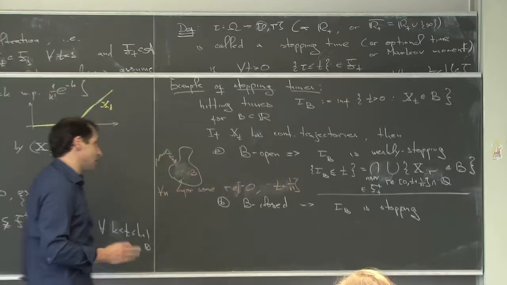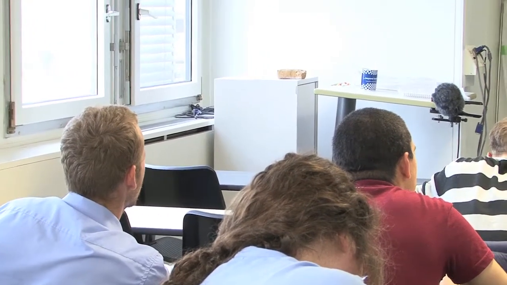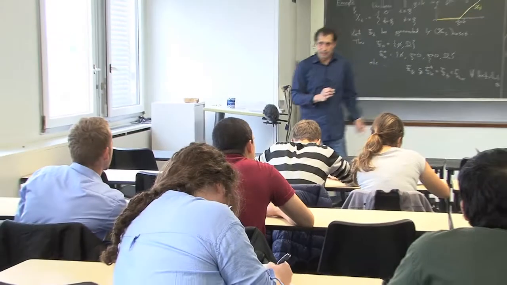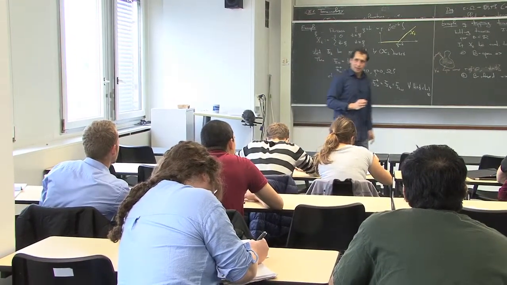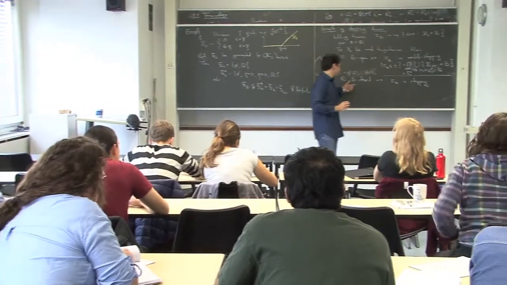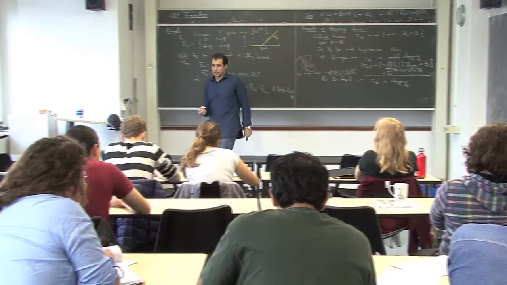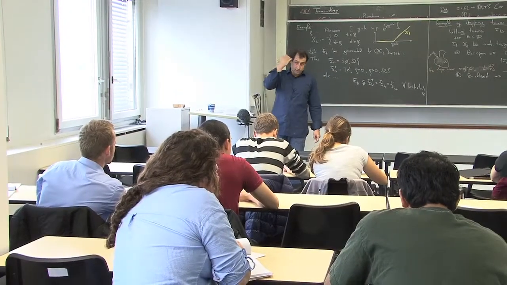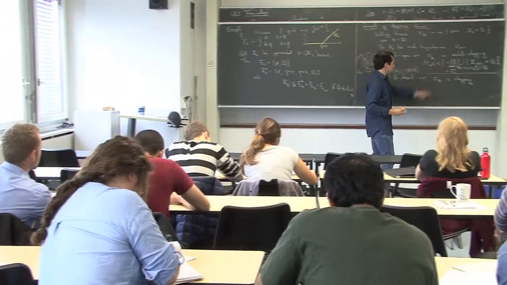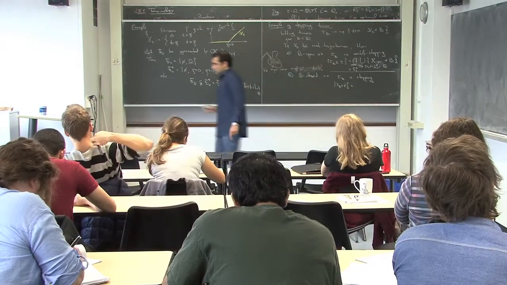Okay, so if B is closed, then tau B is stopping, and let me just write the construction. Can B be any set, or Borel sigma-algebra? In principle, yes, but I'm going to comment on it in the next line. The answer is that for any Borel set it works, but this is a deep result. The problem is, as far as I understand, that it's not completely obvious why you can pass to the complement. You can intersect and take unions, but what's not easy is to take a complement. So it's stopping, so let me just write the construction.